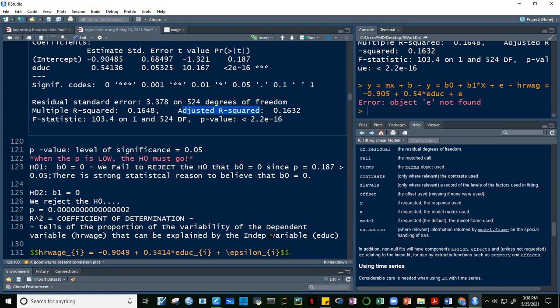Kasi every time you add an independent variable, tataas yung R squared natin. Okay. However, guys, may cost yun, no? May cost. Kasi pag dagdag tayo ng dagdag ng independent variables, bababa yung degree of freedom natin. Okay? And pinapenalize tayo for this measure, adjusted R squared.